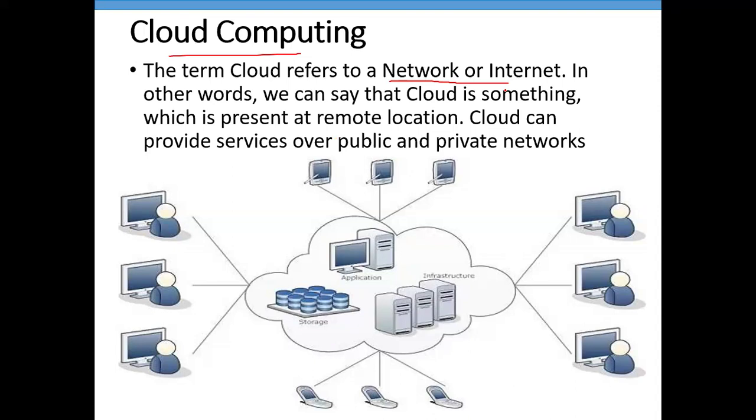With the help of internet, you can access from any part of the world, over a public network or a private network. What is a public network? The normal internet we are using right now is called a public network. The private network is the VPN we have in our organizations.